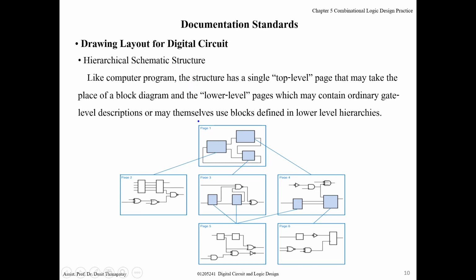Now the detail of this page and the detail of this page are different. For example, the first page may be the main functional box, and for the detail of each block, you may write in another page to show the detail. This kind of schematic structure is called hierarchy, right?